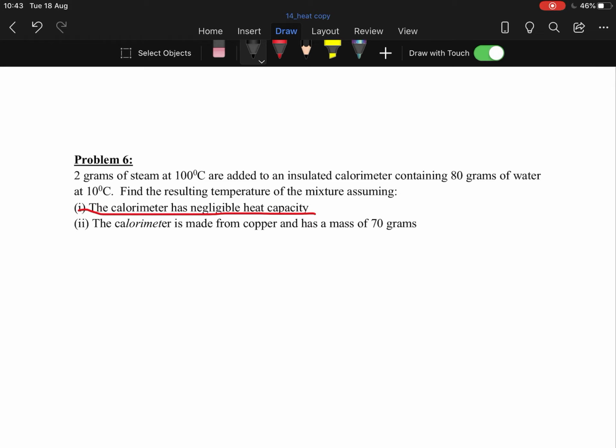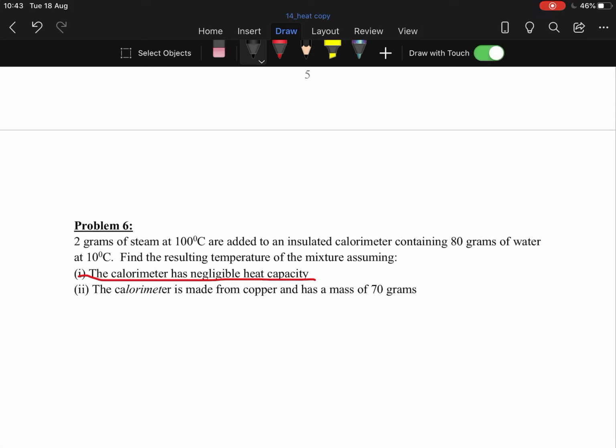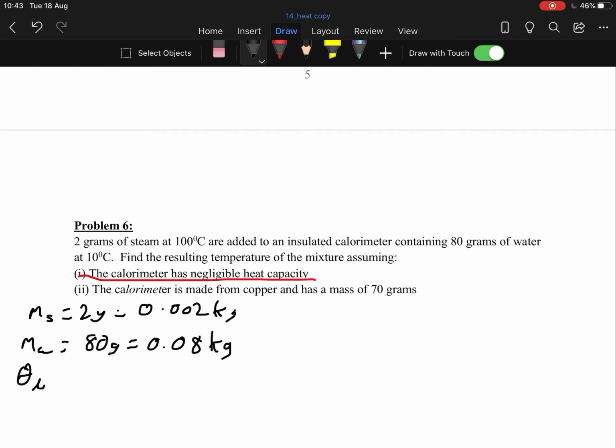So we'll write out everything first. Mass of the steam is 2 grams, so that's 0.002 kg. Mass of the water is 80 grams, 0.08 kg. Initial temperature of the steam is 100 degrees Celsius.